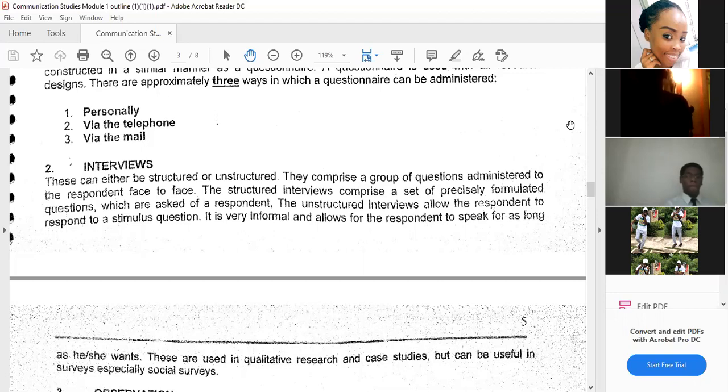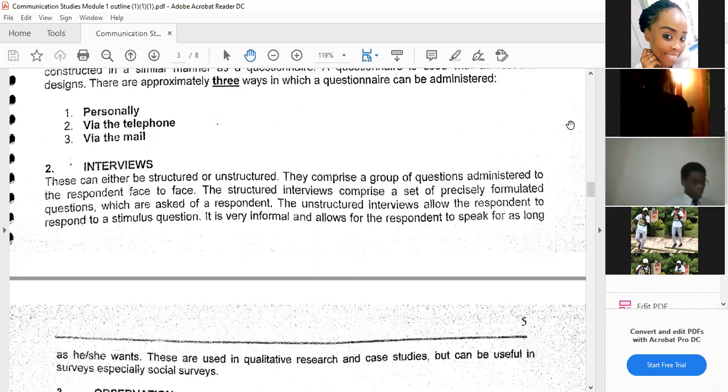The structured interviews comprise a set of precisely formulated questions which are asked of a respondent. So typically, when we're doing interviews, the interviewer already has a set of questions prepared, right? Yes, miss. Right.